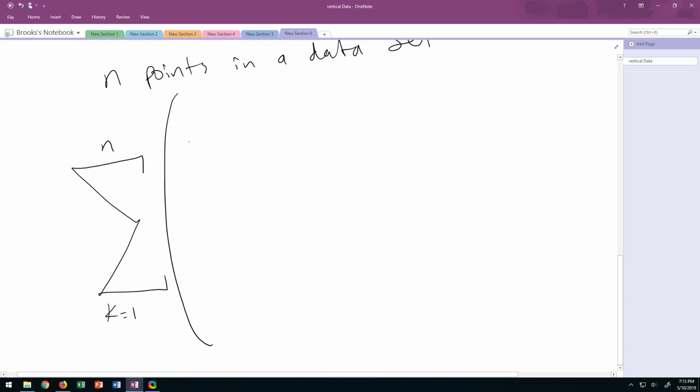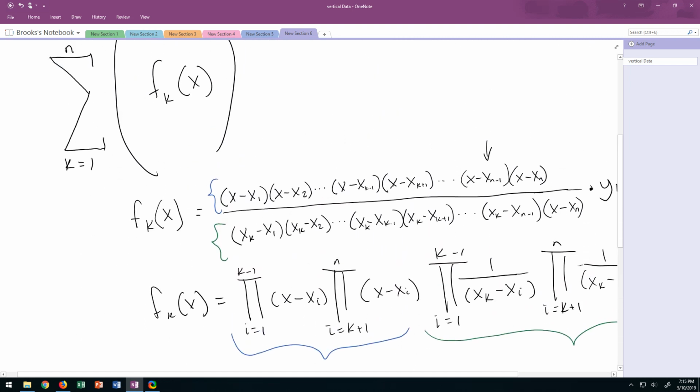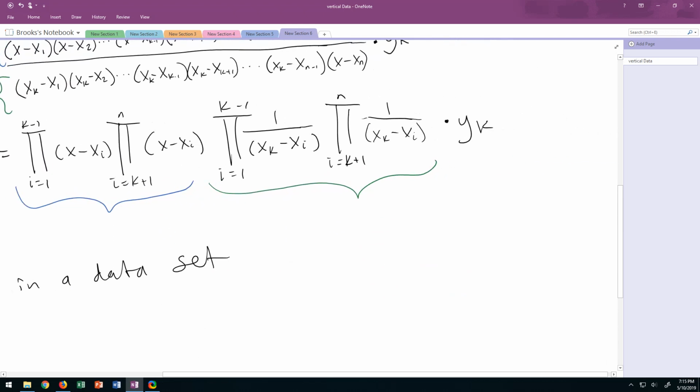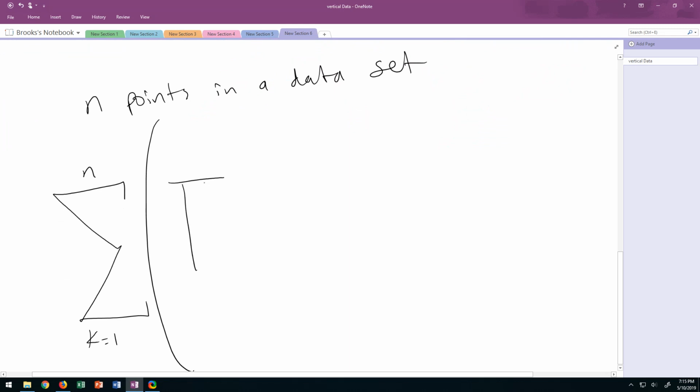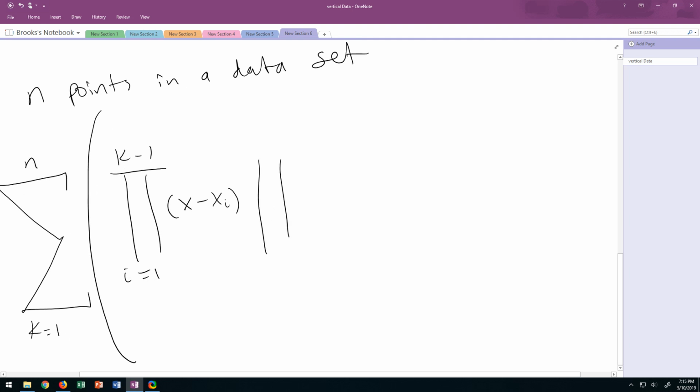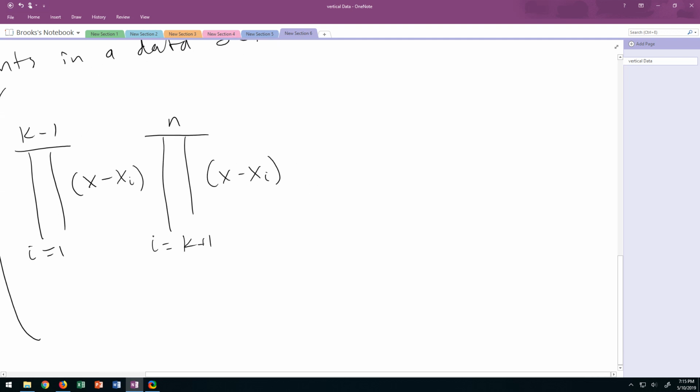Now, on the inside, I'm going to put f sub k of x, which is blue chunk, green chunk, y sub k. So here, big product from i equals 1 to k minus 1 of x, which is a variable, minus x sub i. Now I only go up to k minus 1, so I can skip the kth term. So I start with the next one, i equals k plus 1 up to n of x minus x sub i.